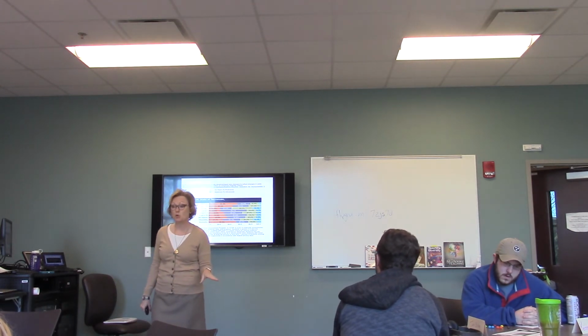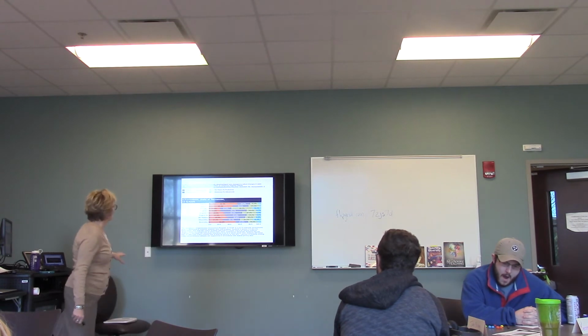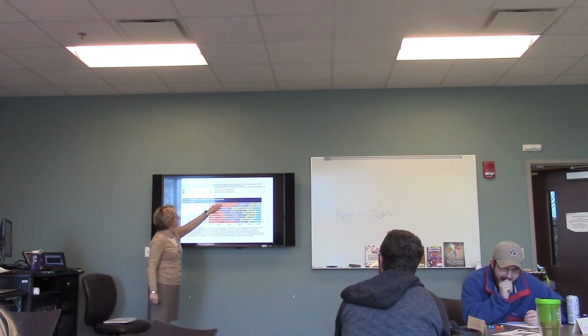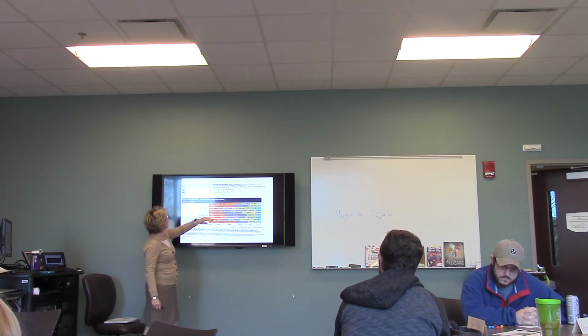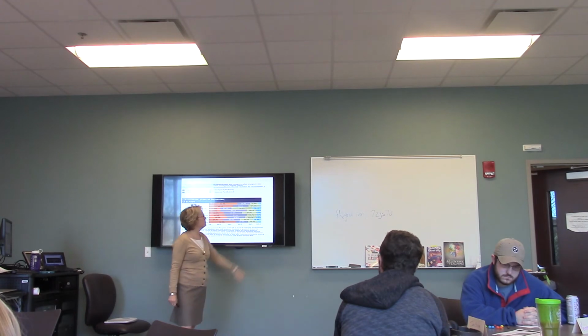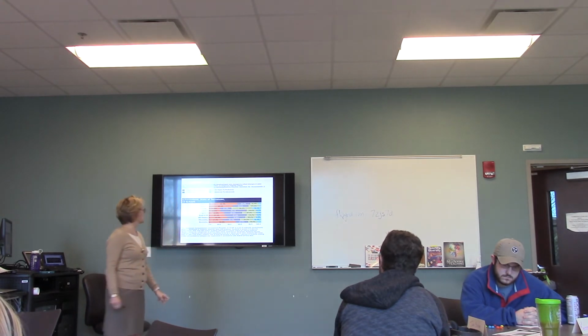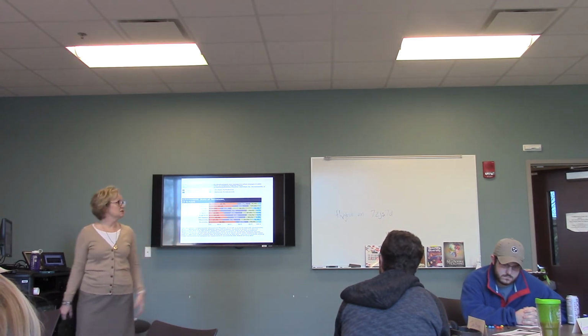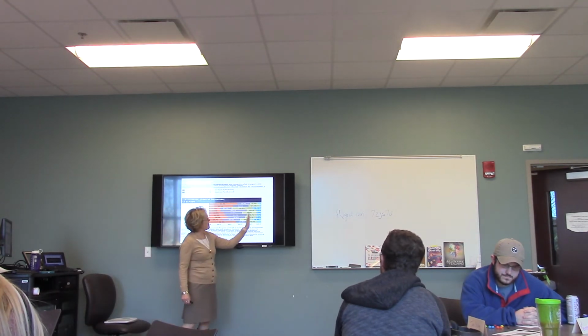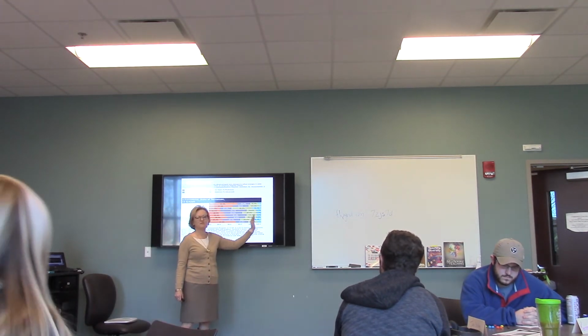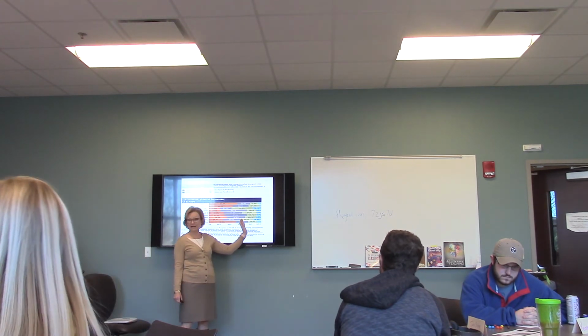That takes up the majority for many of these core content areas. The gray is approaching basic, that sort of greenish is on track, and the blue is mastered, so advanced. So looking at this, the level of mastery and proficiency is not as high as I'd like to see.